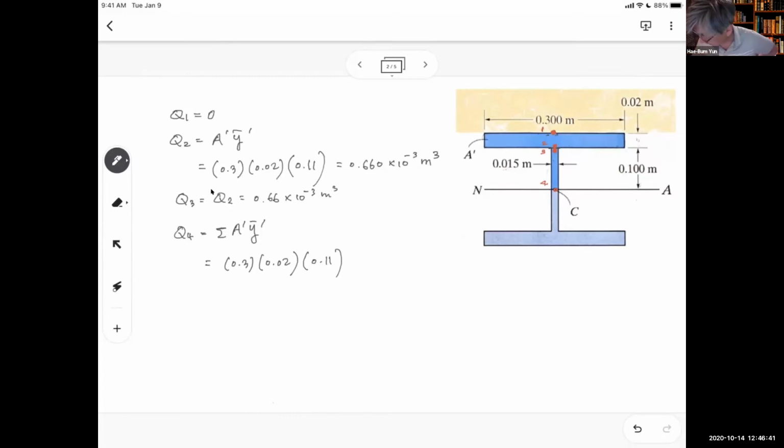And then we have web. Area of this web is, width is 0.015, height is 0.1, and then half of this, which is 0.05.